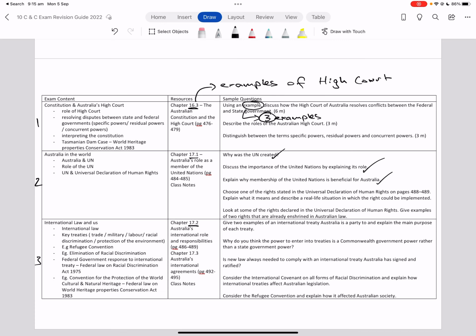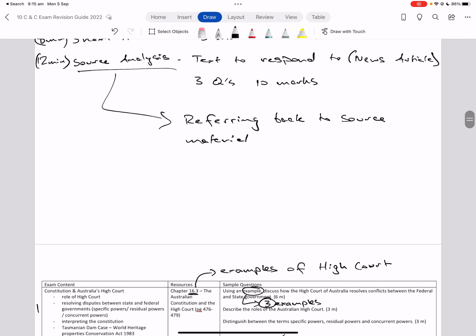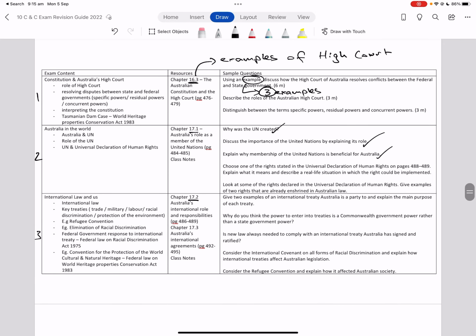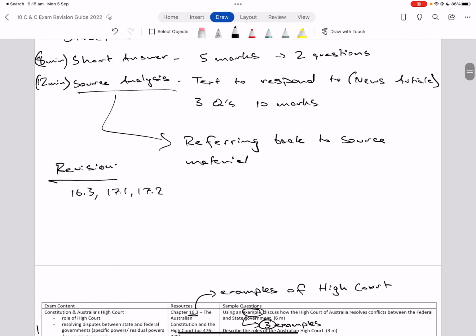So in terms of framing your revision then, there are plenty of resources that you can go to. First, looking at the relevant chapters of the textbook. So 16.3, 17.1, and 17.2. You can see they're all written on the table there.